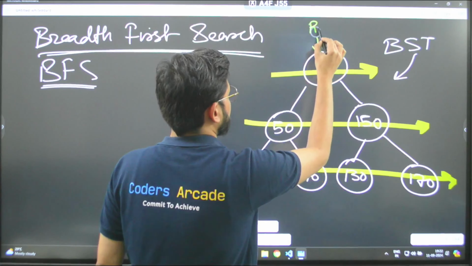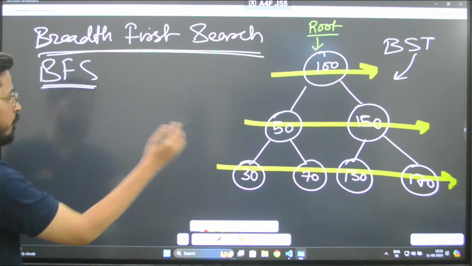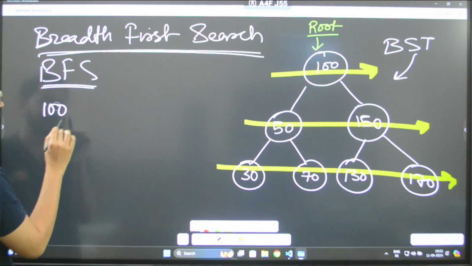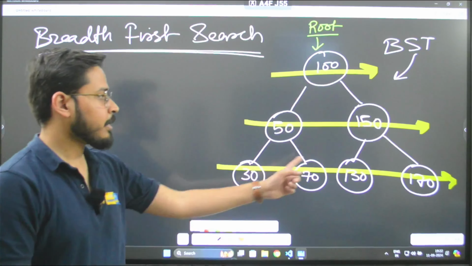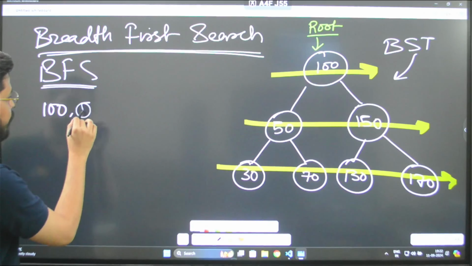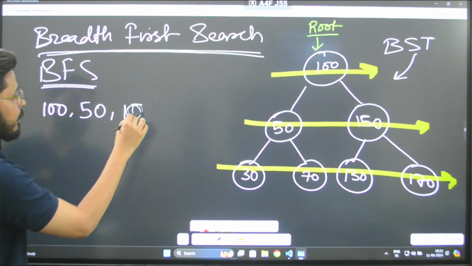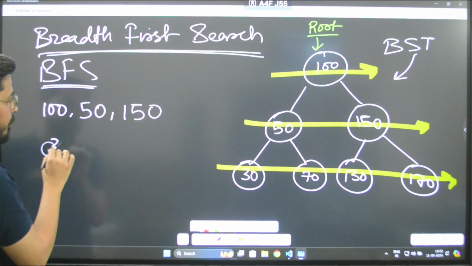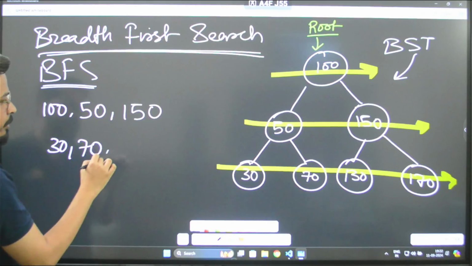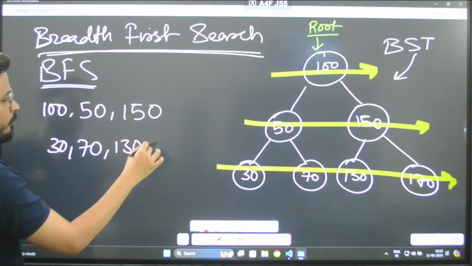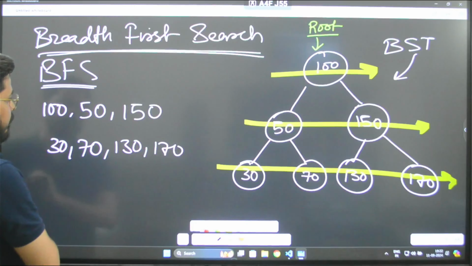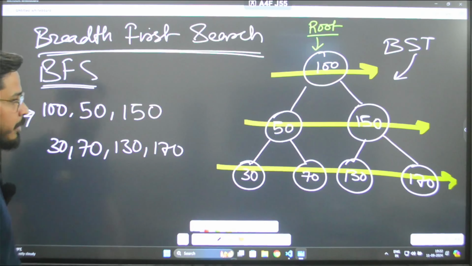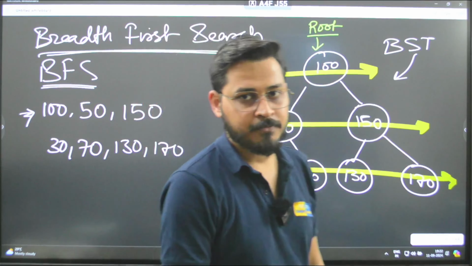Okay guys? So in this case, the traversal would be 100. Then 50, then 150, and then 30, then 70, then 130, and then 170 would be our answer. This would be our traversal result.